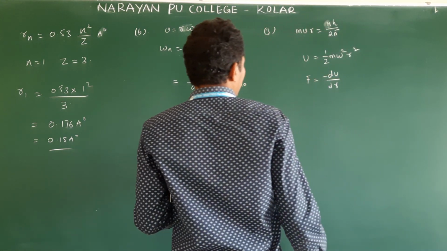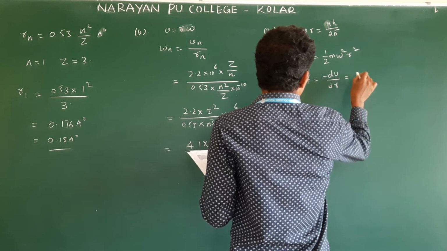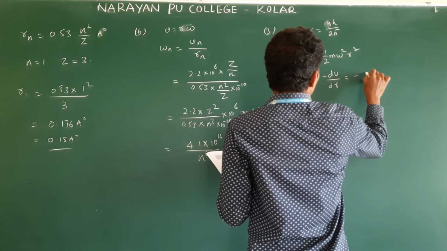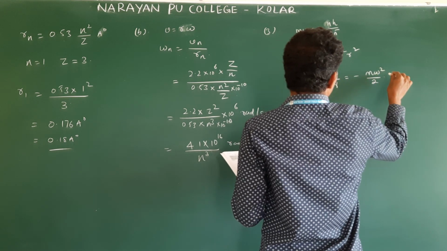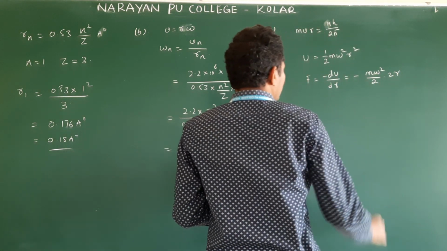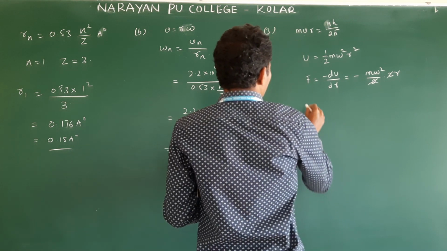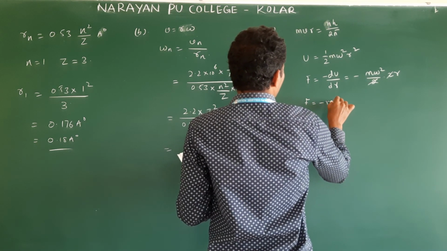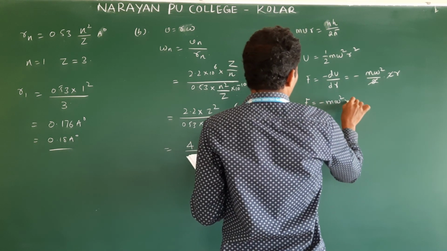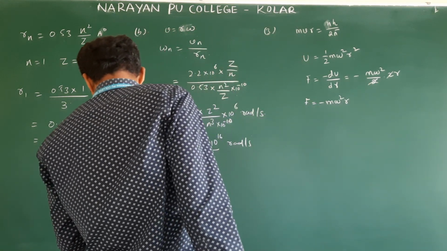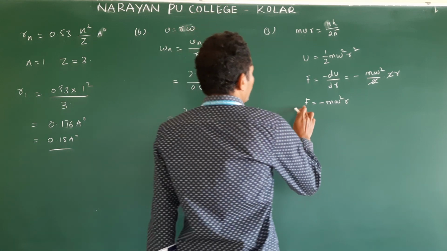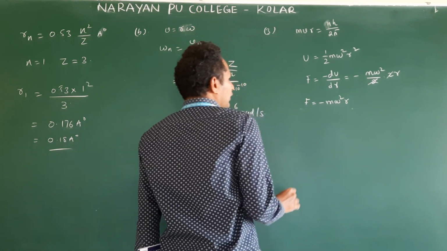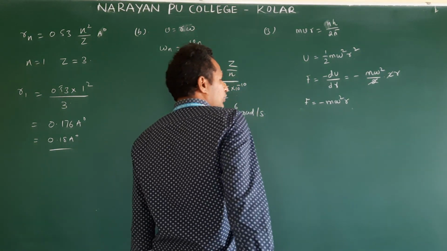Then what do you get? You will get minus m omega square as it is, by 2 as it is, r square gives 2r, so 2 cancels. So F is equal to minus omega square r. Am I correct? The minus sign indicates attraction.